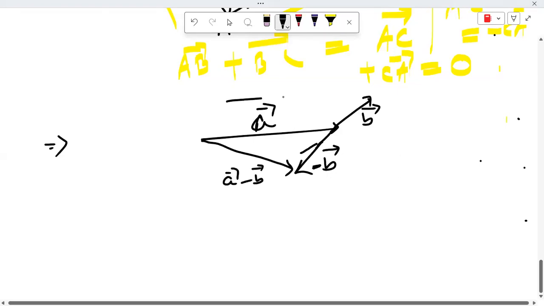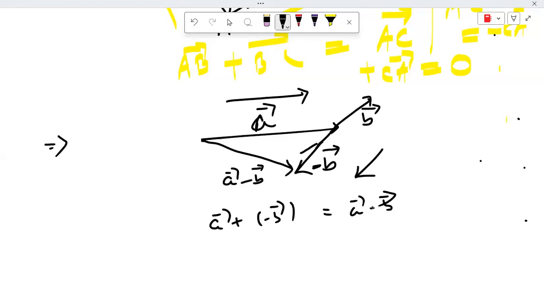So the third side in opposite direction is A plus minus B, so A minus B. Is it understood or do I need to explain further? No, sir. So this is how we subtract vectors.